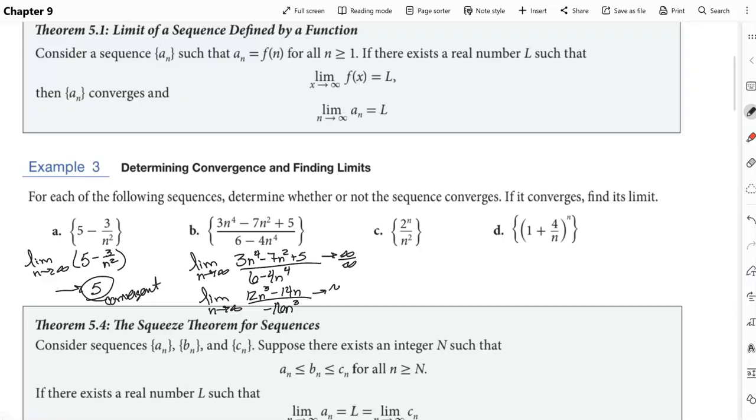That one is again infinity over infinity, and we can just keep doing that. Take the limit as n goes to infinity of 36n squared minus 14 over 16 times 3, which is 48, so negative 48n squared. Again, that's infinity over infinity.